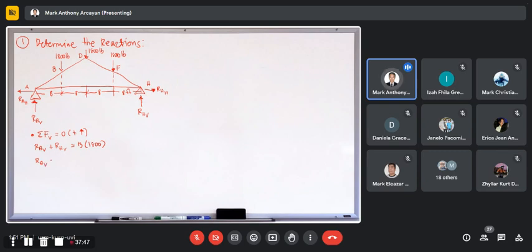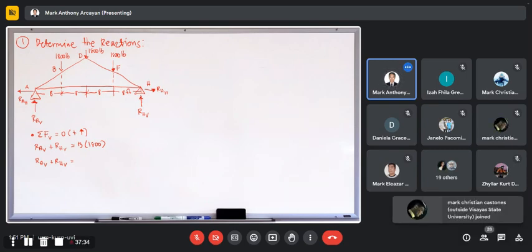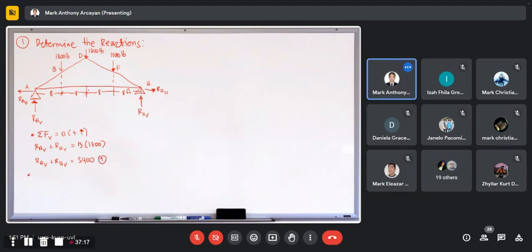So RA vertical plus RH vertical is equal to 3 times 1,800, that is equal to 5,400. Okay, this is our equation 1.